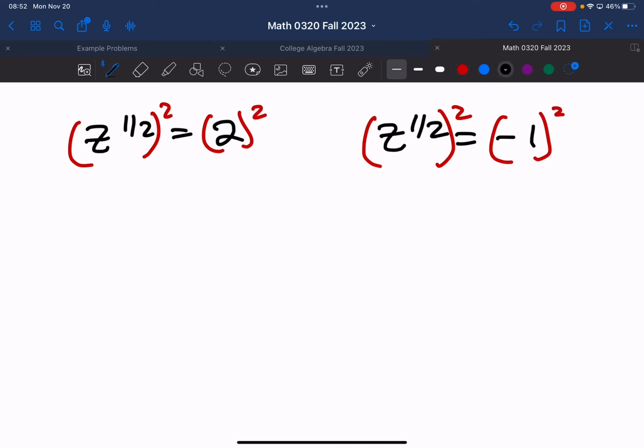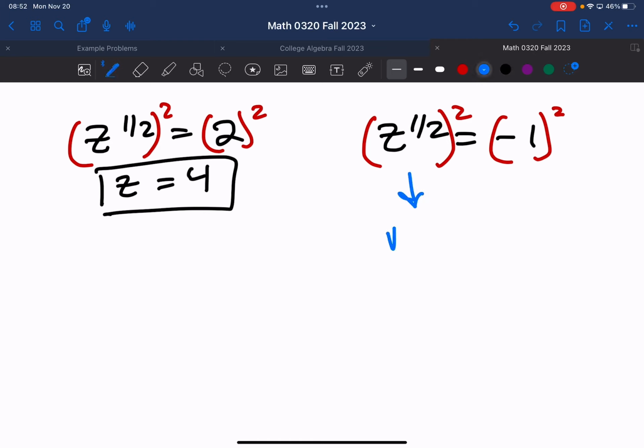So when we do that, we're left with z equals 2 squared, which is 4. But for this one, we have to remember that z to the 1/2 is the same as the square root of z. The square root of anything cannot equal a negative number. So that means this part of the answer does not exist.